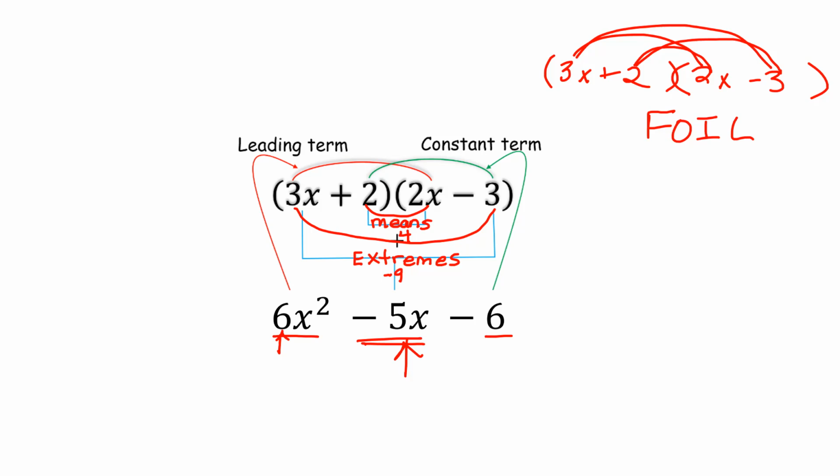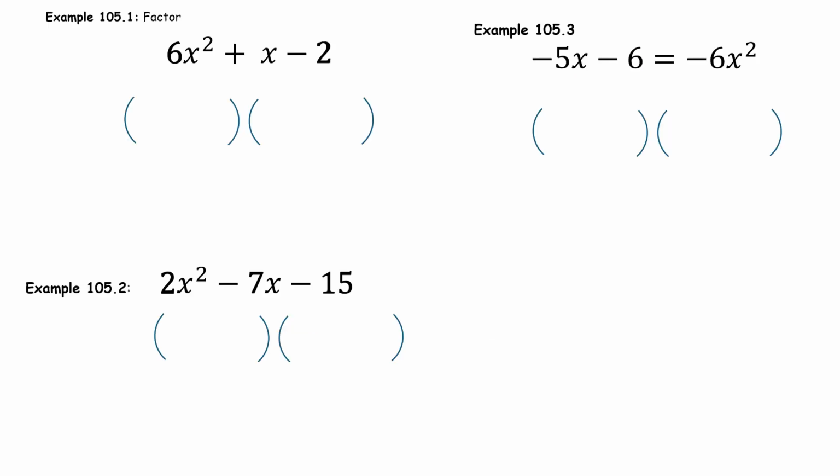All right, so we're going to look at some examples. The first one you have is 6x squared plus x minus 2. So if you want to unfoil this, you're going to have to do two sets of parentheses. You're going to unfoil it into two binomials. The numbers that come first here and here we know are going to be factors of 6, because that's the leading term, and we know that where that comes from is when we multiply these two together.